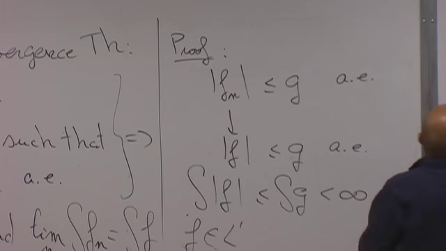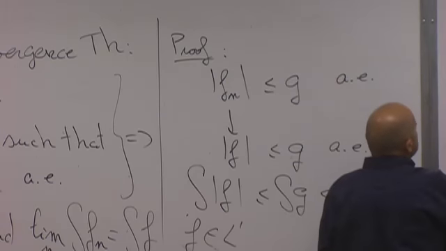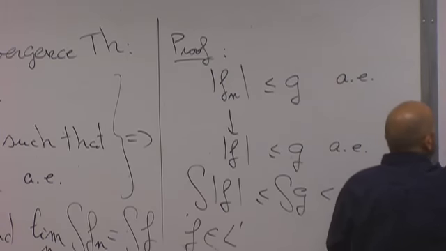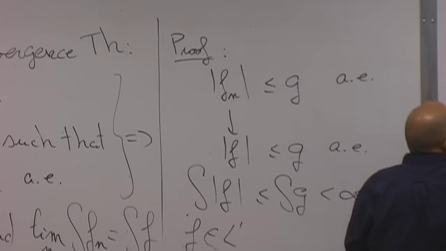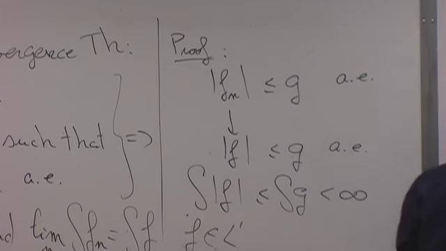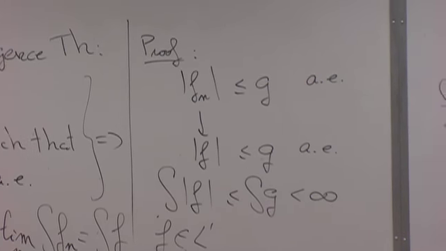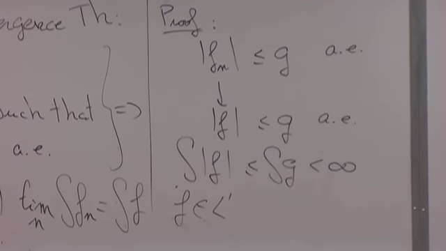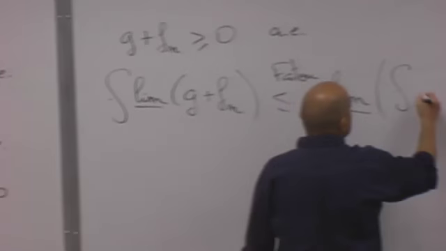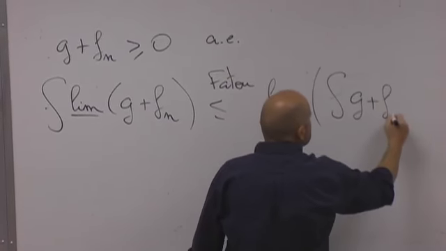So we can apply FAT2 to this, and FAT2 tells us that the integral of the lim inf of g plus Fn is less than the lim inf of the integral of the sum.